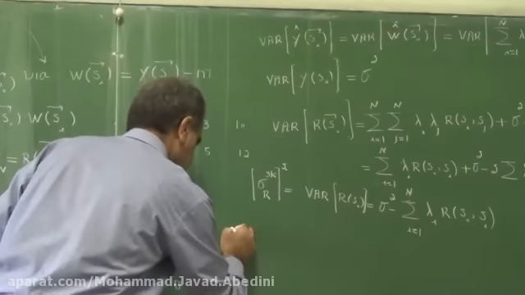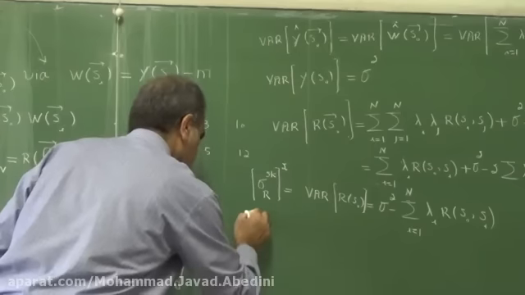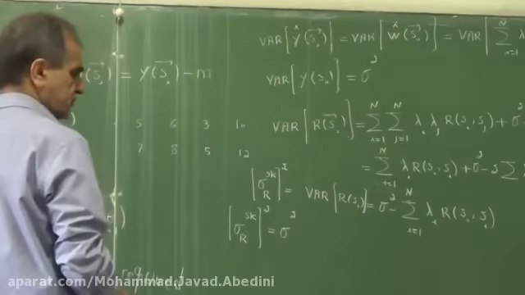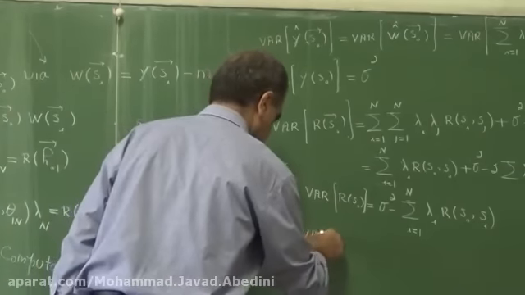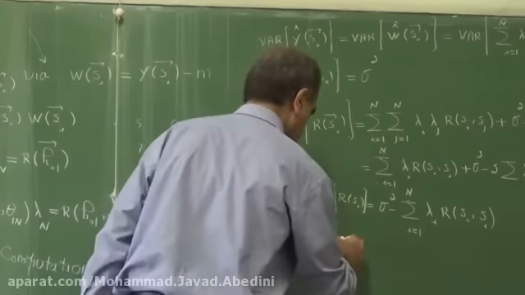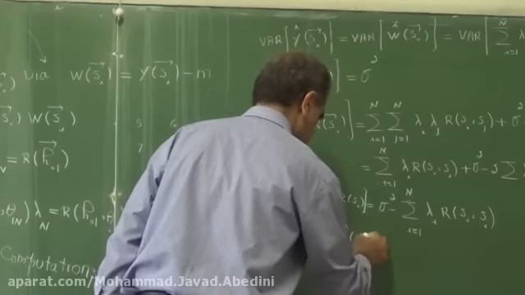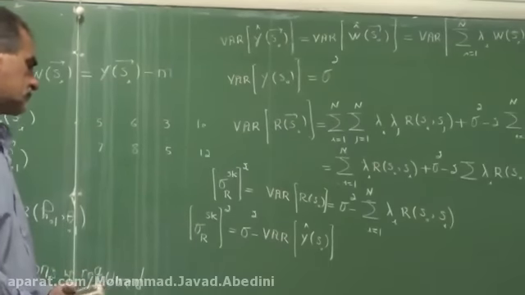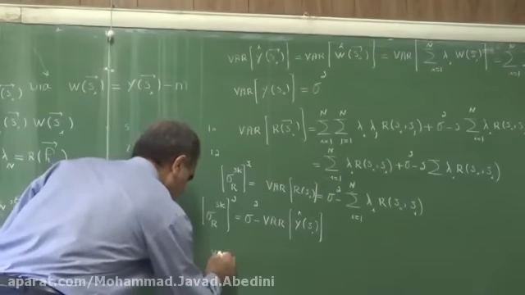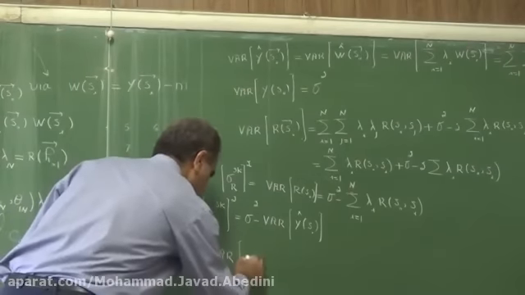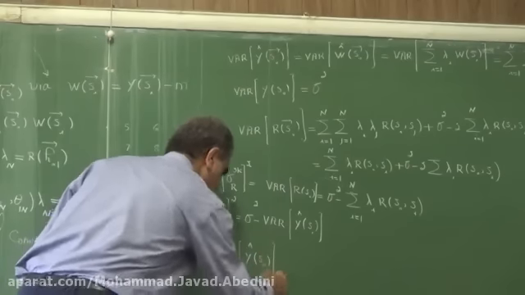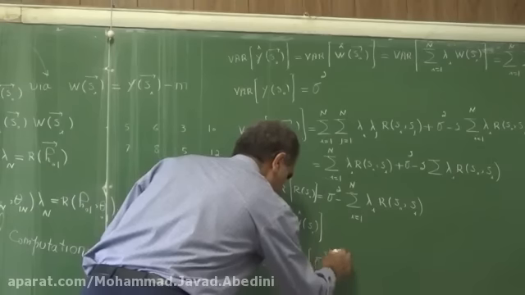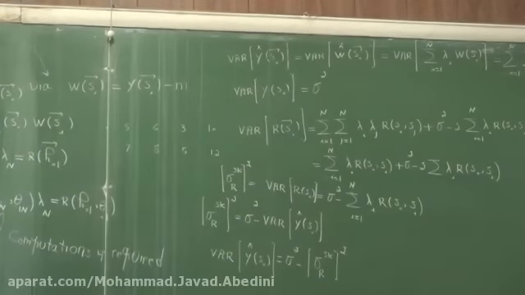And then I can write it as sigma R SK to the power of 2 is equal to sigma to the power of 2 minus variance of y hat at S0, or variance of estimated value can be written as sigma 2 minus sigma residual to the power of 2. That is the interpretation of the first property of Kriging.